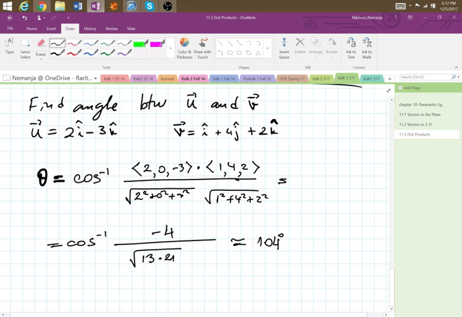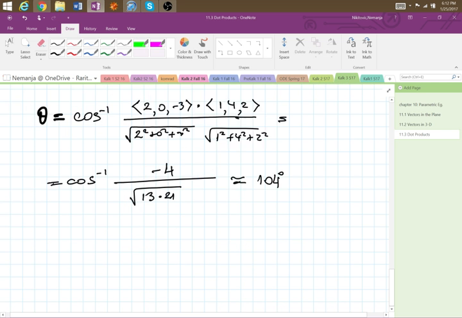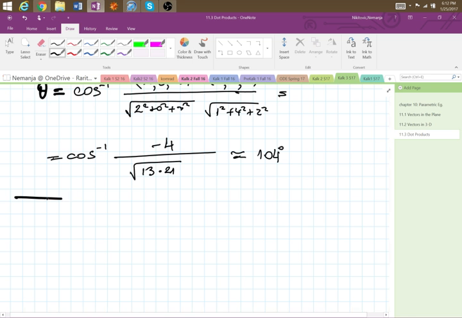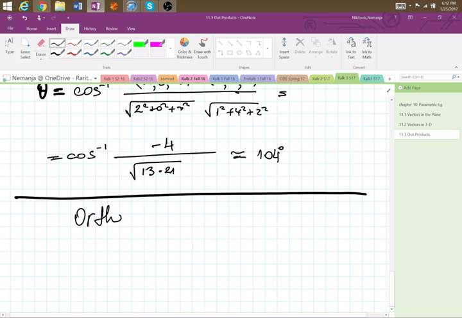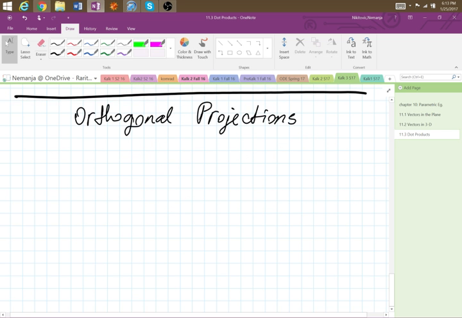So we have this part where we talk about projections. So, orthogonal projections. And the textbook has an awesome visual on it.